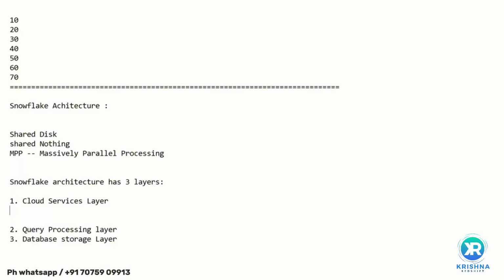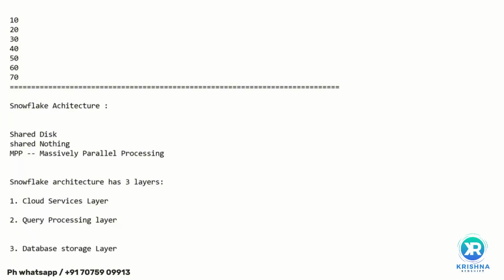Sometimes in views we create secure views, or we apply some restrictions, and all those things should be properly followed. This is managed through the security service within the cloud services layer. Okay, now the query processing layer. In the query processing layer, we should talk about the virtual warehouse.